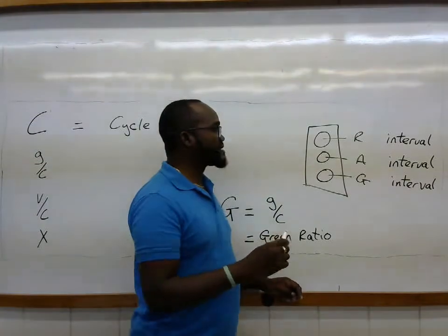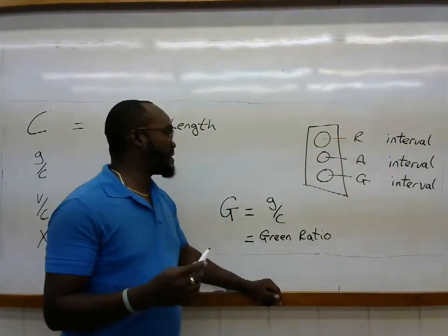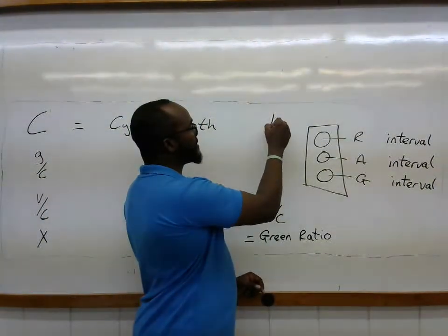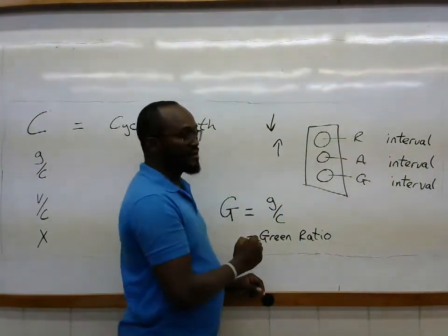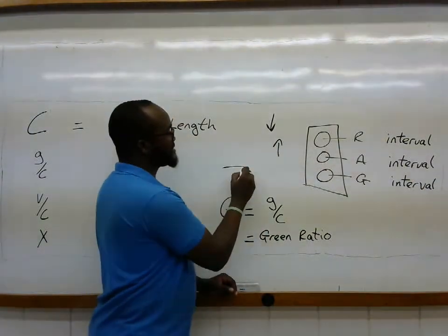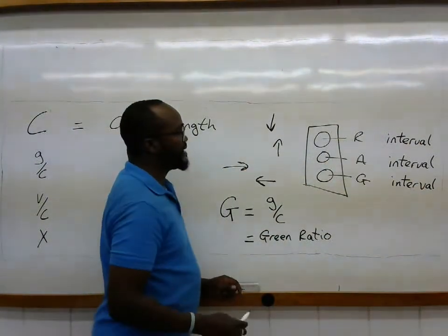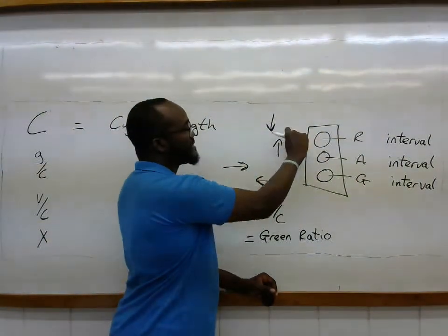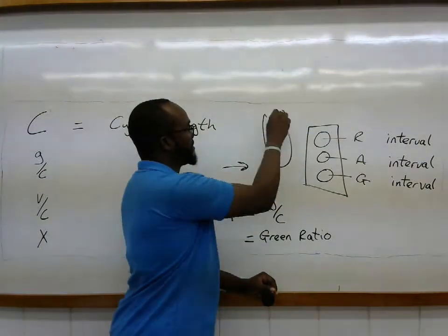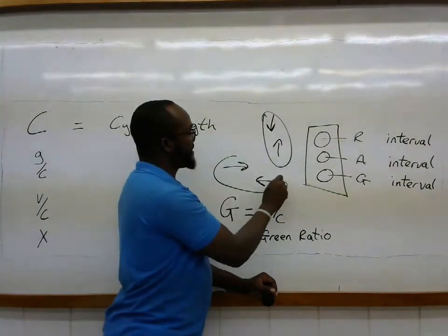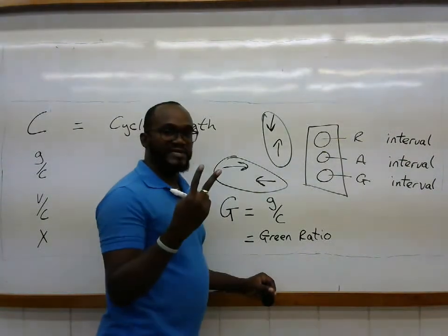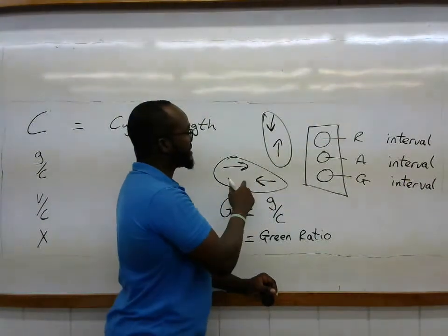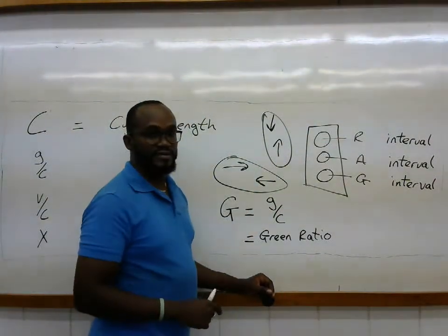In the case of our signalized intersection at Macoya and the priority bus route, we have two phases. One phase allows north-south movements to proceed, and another phase allows east-west movements to proceed. So we will have two green values, one for the north-south direction and another for the east-west direction. So we will expect to have two green ratios, one for the north-south and one for the east-west.